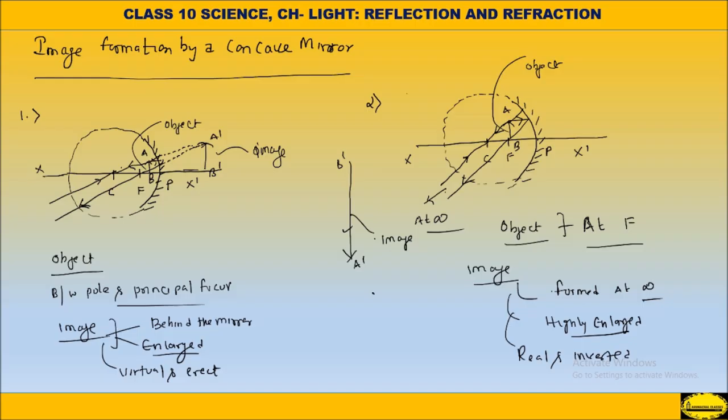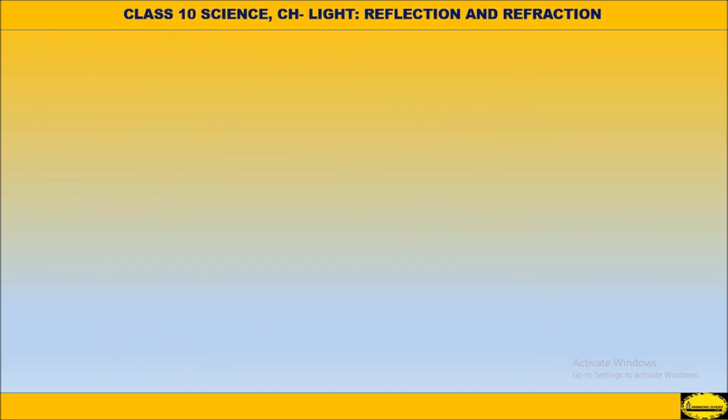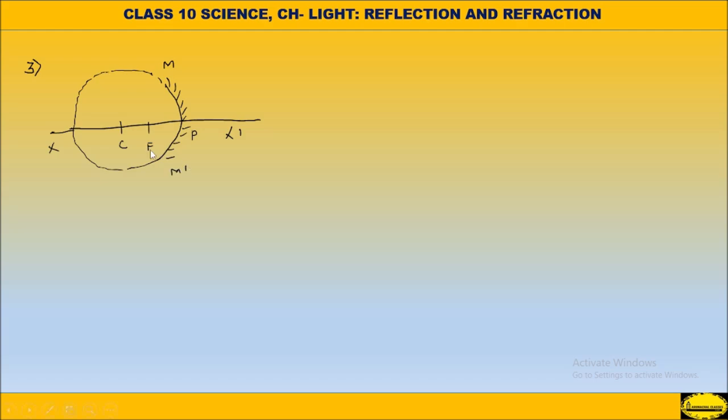Now moving further for case 3. So here we have the ray diagram for case 3, concave mirror. Here is the center of curvature, here it is principal focus, and here it is pole. X dash is the principal axis, M dash is the concave mirror. Now we need to place the object somewhere between center of curvature and principal focus.